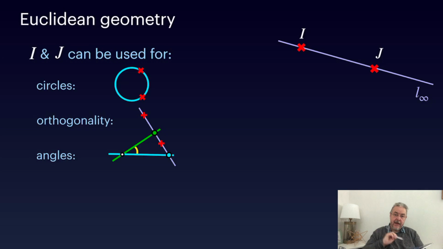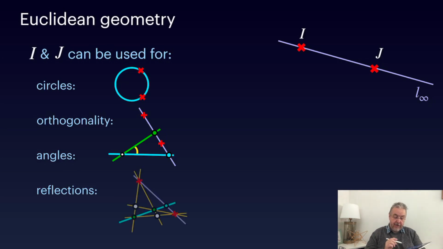Take two lines, intersect them with the line at infinity, take the cross ratio, take the logarithm of that, and make statements about that. You can also make advanced geometric constructions, like for instance constructing reflections.